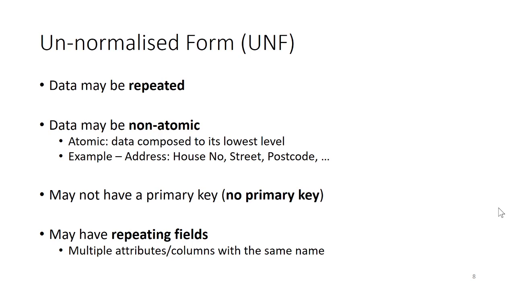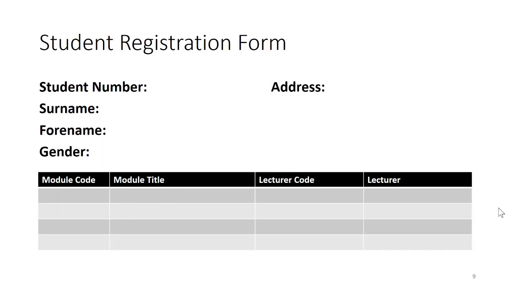Also, data may not have a primary key. There is no primary key in un-normalized form. And importantly, in un-normalized form, we have repeating fields, or multiple attributes or columns with the same data. Wherever you can see these types of characteristics, you will say that this is un-normalized form, and you have to recognize all of these stages, all of these forms.